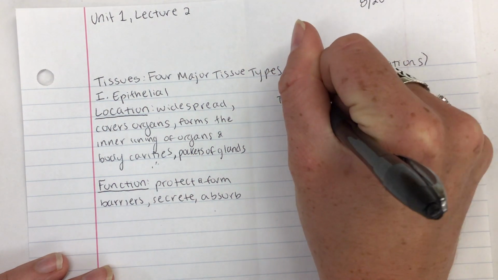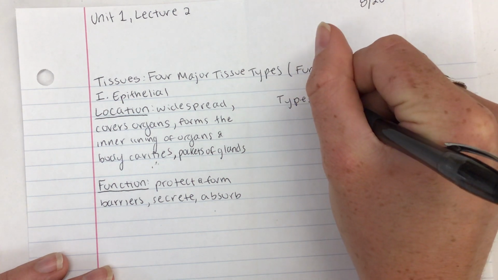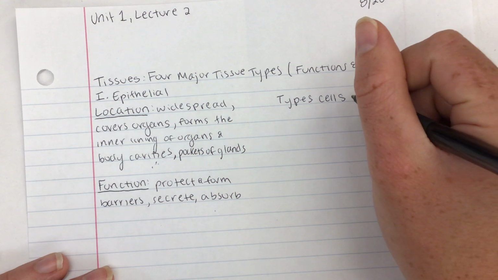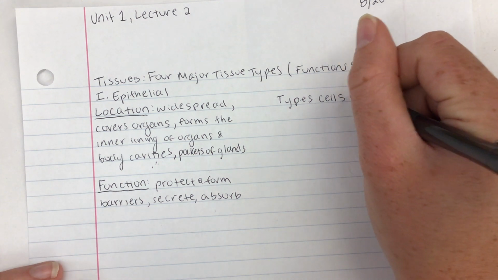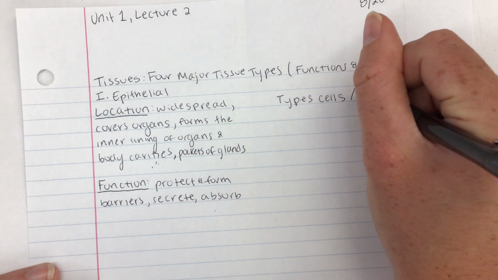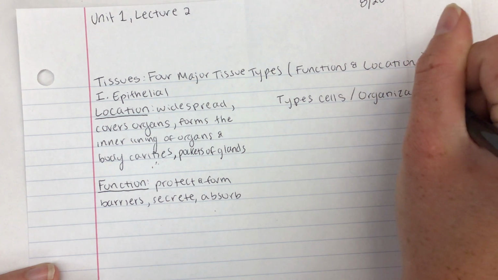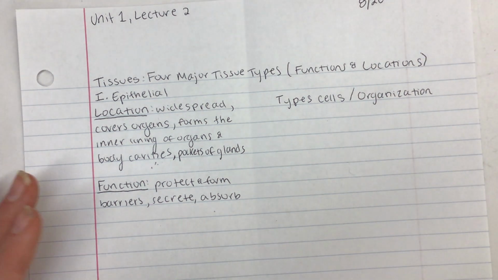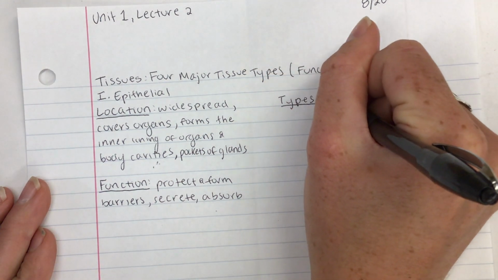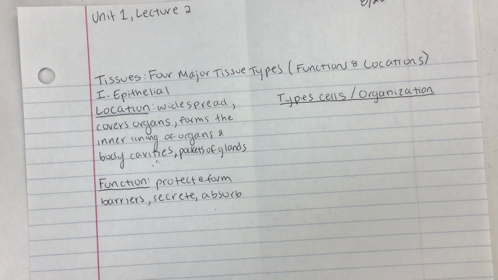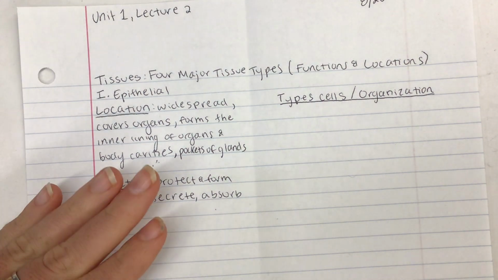And here's where we are going to look at the types of cells that make up epithelial tissues, and also how they're arranged or how they're organized. So we'll write types of cells / organization. So we are going to go through 6 types of cells and how they are organized. I'm going to have you write down a few terms just briefly to start that will help you, and we'll see these repetitively throughout.